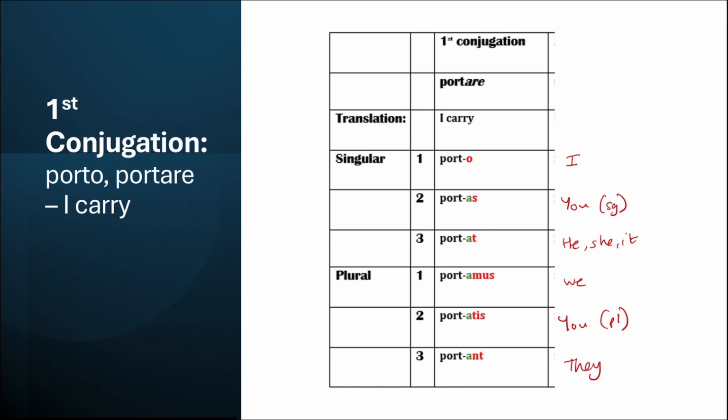So I carry, you carry, he, she, or it carries, we carry, you, plural carry, and they carry. And remember, you have that alternative translation of I am carrying, you are carrying. This is then your first conjugation. All verbs that go in the first conjugation will have these endings in the present tense: o, as, at, amus, atis, ant.